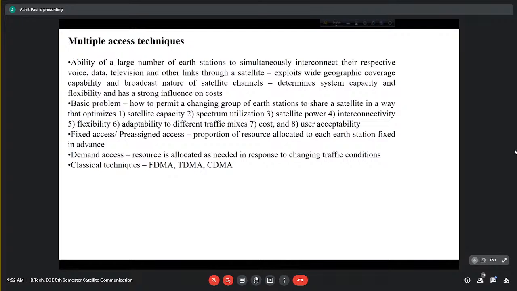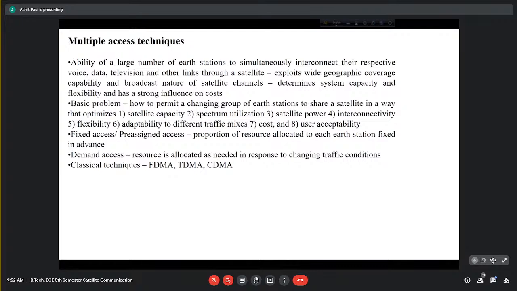They may need more during the daytime. But because we have made a fixed proportion available to some other Earth station, that is a wastage of resources when it is not so much used. So that problem gave rise to the concept of demand access or demand assignment.